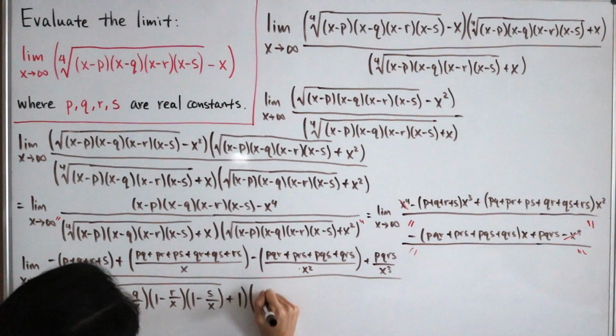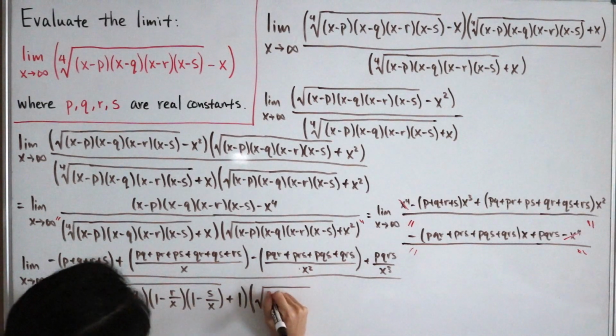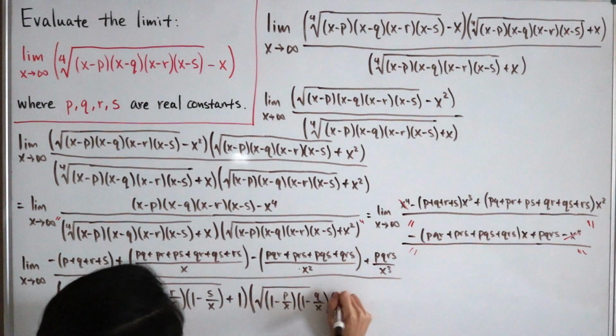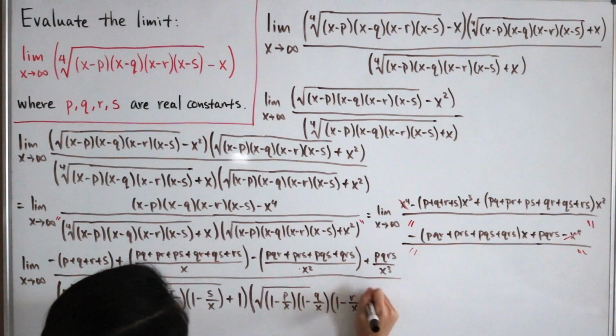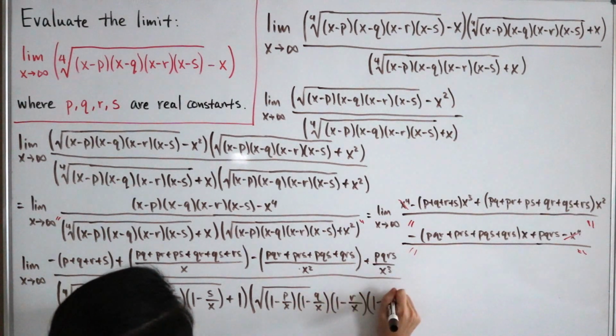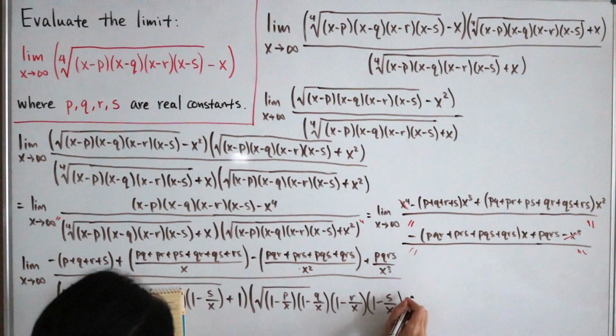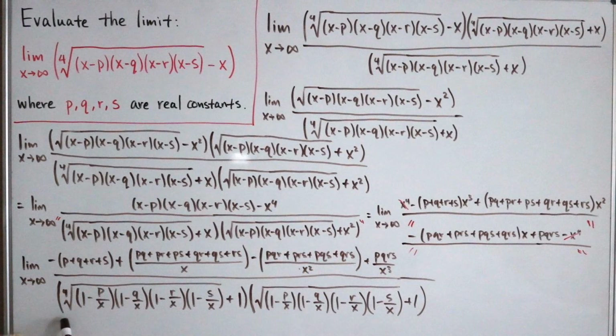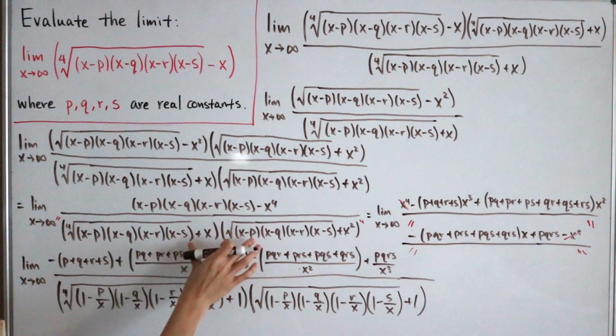So this is going to be the square root of 1 minus p over x times 1 minus q over x times 1 minus r over x, then times 1 minus s over x, and then we're going to add this with 1.